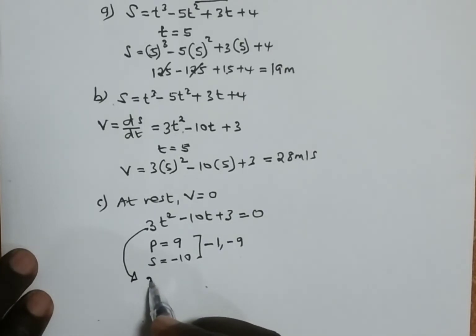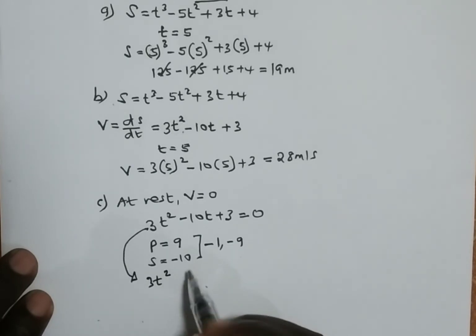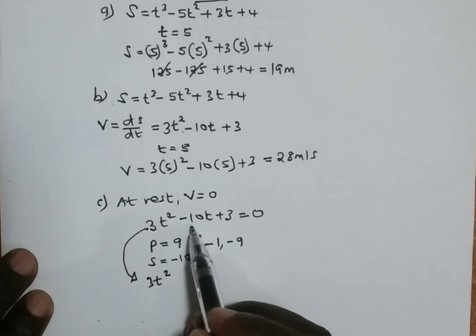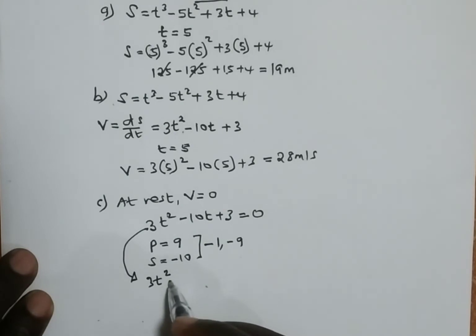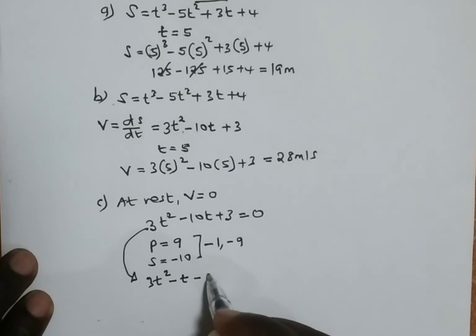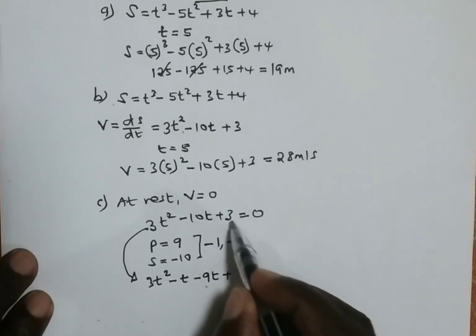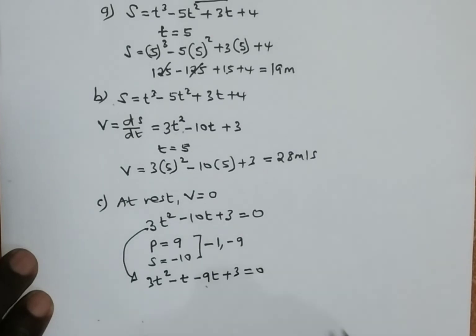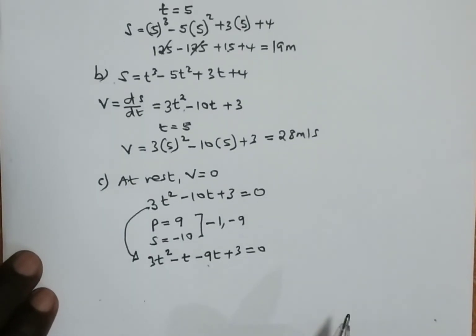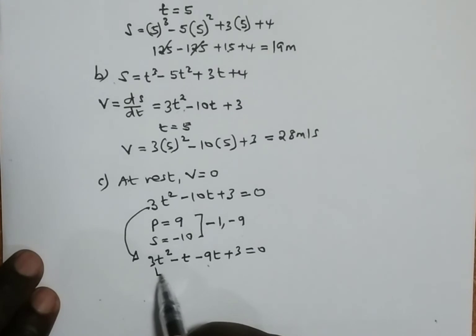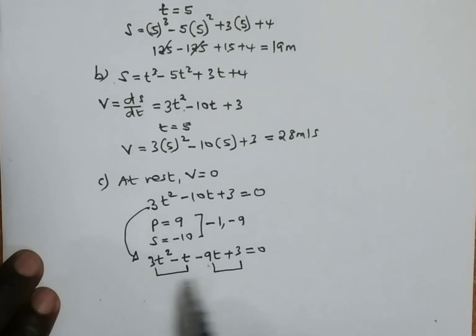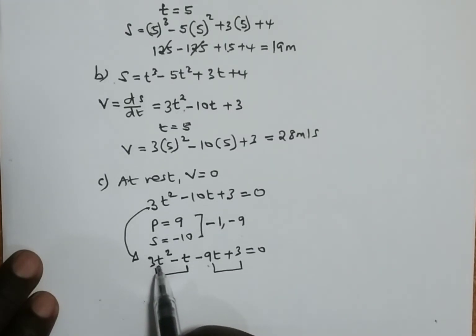Once we have these numbers, we go down and write this function, that is 3t squared. Instead of using the linear term, we split it using the numbers. That is, we are going to have minus 1t, or simply minus t, minus 9t plus 3 being equal to 0. Having done that, we factorize them in pairs. Between 3t squared and minus t, which one is common here? t is common, so we factor t outside.